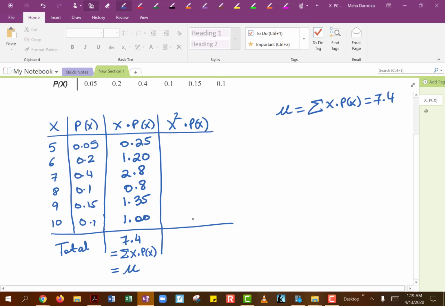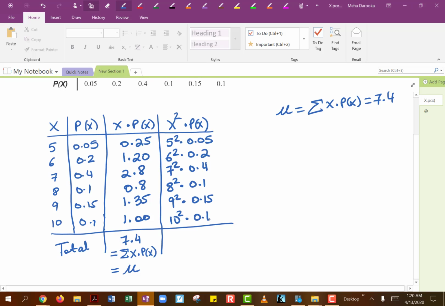Now to calculate our variance, we're going to need to complete this last column. This is where you take the square of the data values and then multiply it by the probability. So the square of each of these data values. I'm just going to show you what that will look like: 9 squared times 0.15, 10 squared times 0.1.